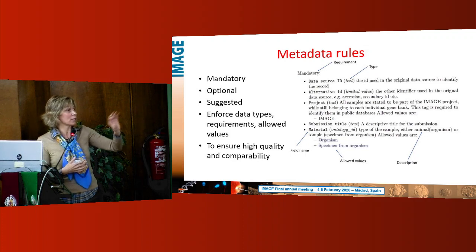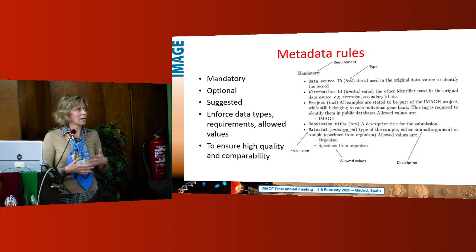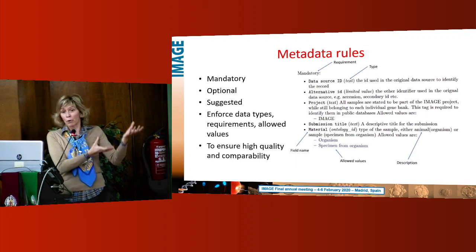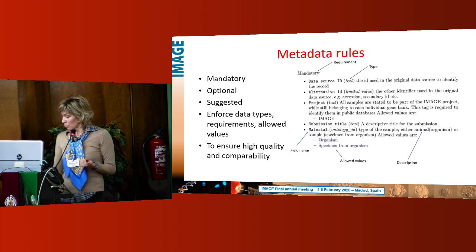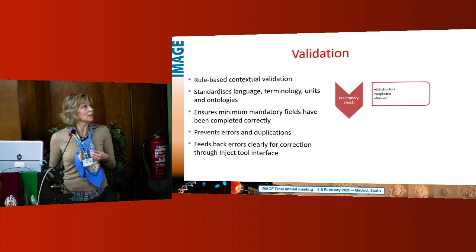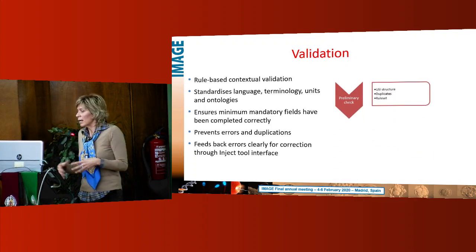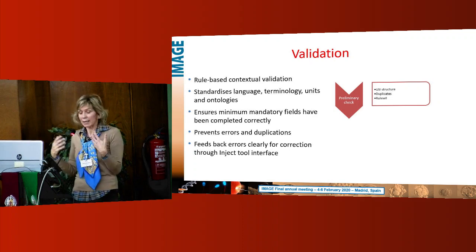And of course, it restricts the allowed values for each data, both for ensuring high quality and as well, of course, the comparability. And this, of course, refers both to sample and to organism. So, and what happened then? How do we use these sets of rules? As you submit the information, there is, first of all, a general preliminary check on the structure, the presence of duplicates, and so on.